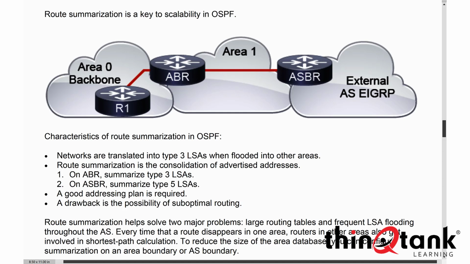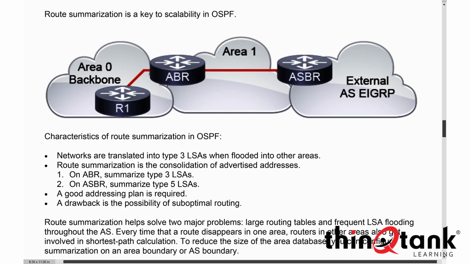So a summary route may not always be matched if there happens to be a longer prefix match for that particular destination. You could have a situation where a summary route might point one direction, but you may have leaked out or learned from another peer an individual route that's part of that summary, and that individual route would always be used. Again, we'll talk about that as we go into the discovery. I'll demonstrate some of the things that you need to consider when you're dealing with these summaries.